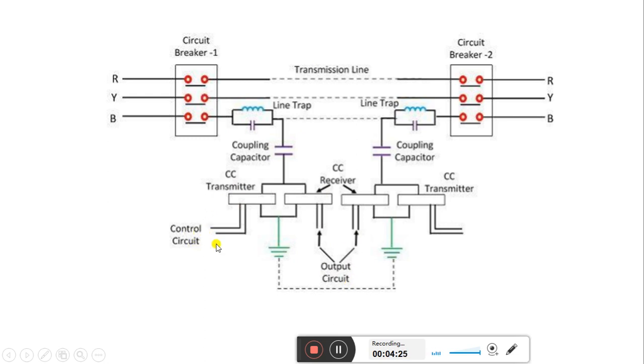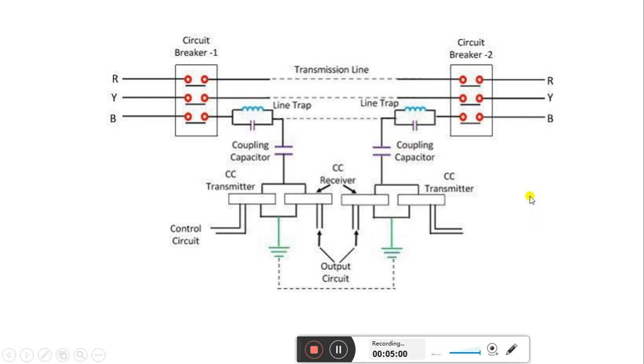And here the control circuit has been connected through the transmitter, so that this control circuit will always try to transmit the high frequency carrier signals into the line, so that if any fault is created within the protected zone, then it can be detected and the protection system will work for the protection of the transmission line.